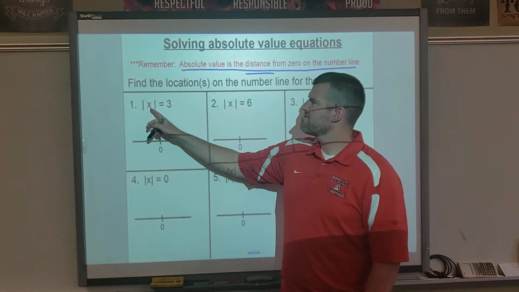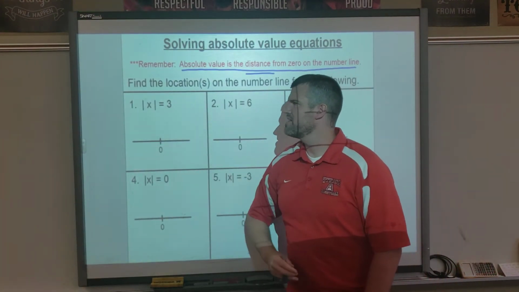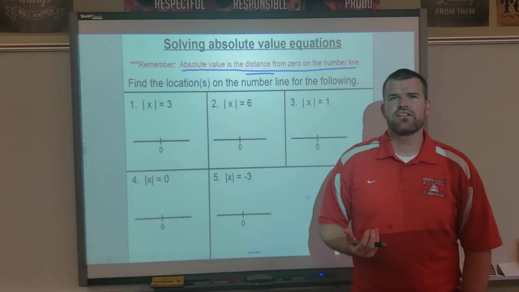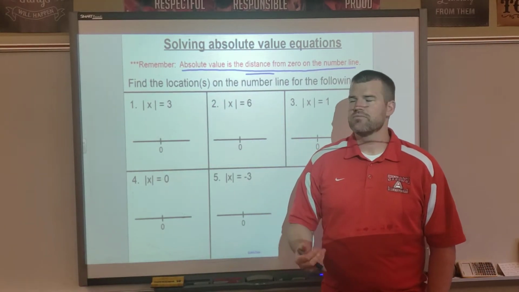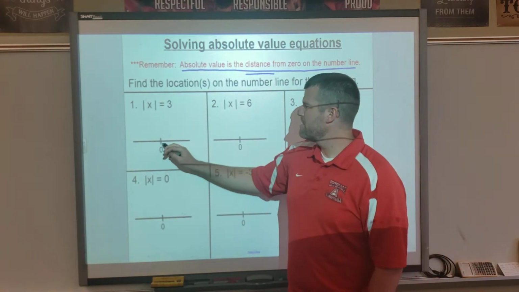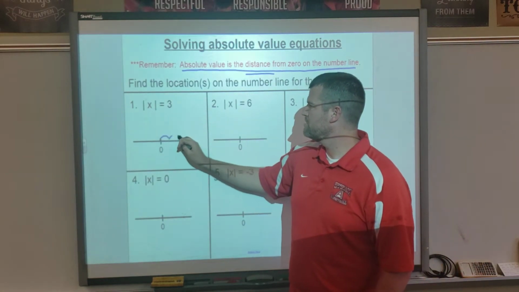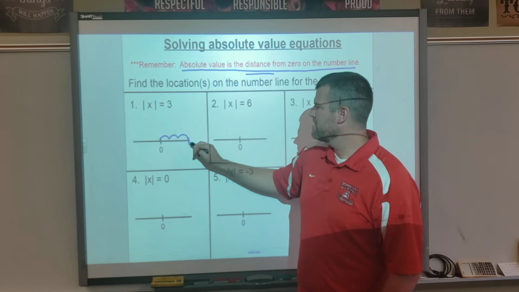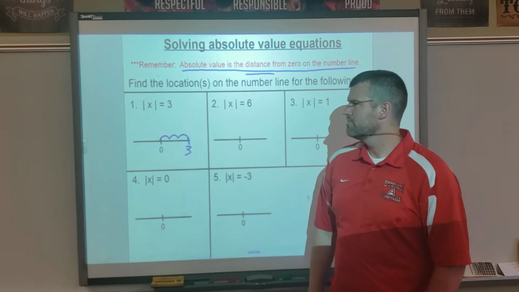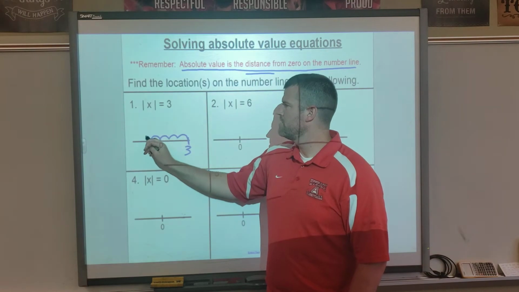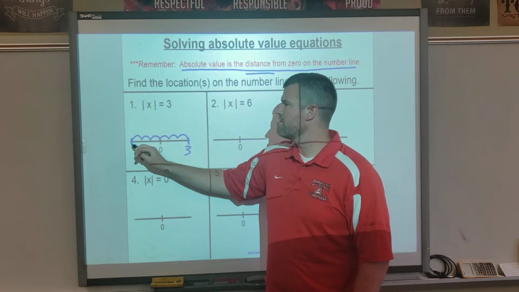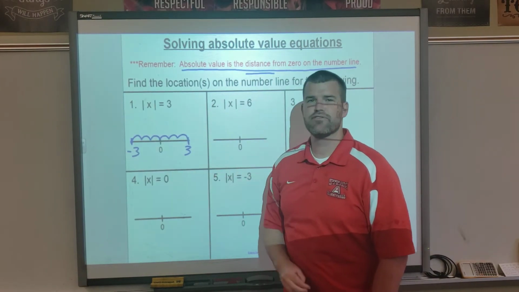So when we're asked to solve the absolute value of x equals 3, we're really solving where are we 3 spots away from zero. Well, if I count 3 spots to the right, 1, 2, 3, that's going to be positive 3. But if I also count 3 spots to the left, 1, 2, 3, that is also a distance of 3 from 0.